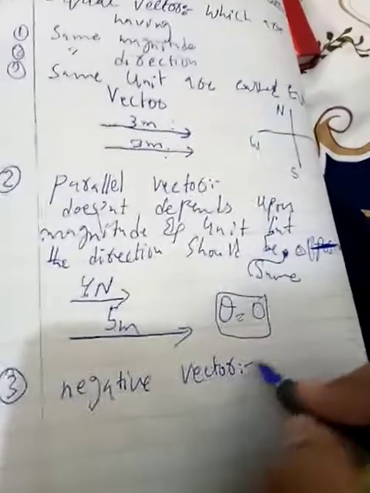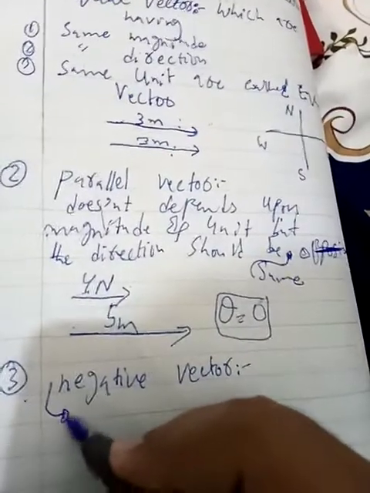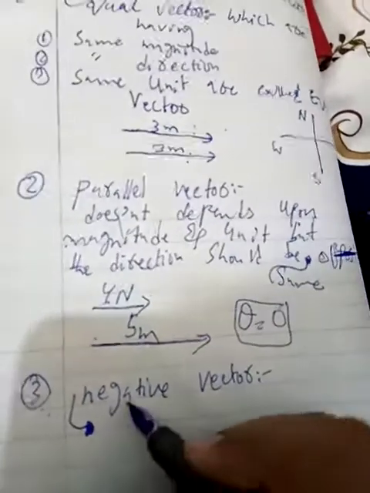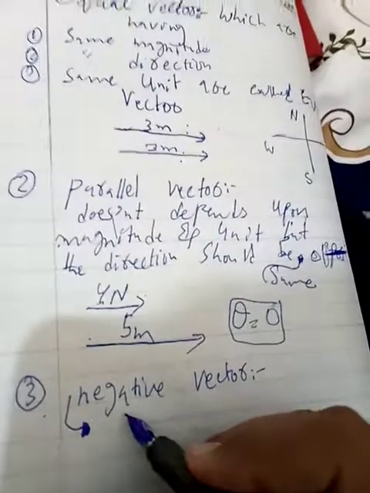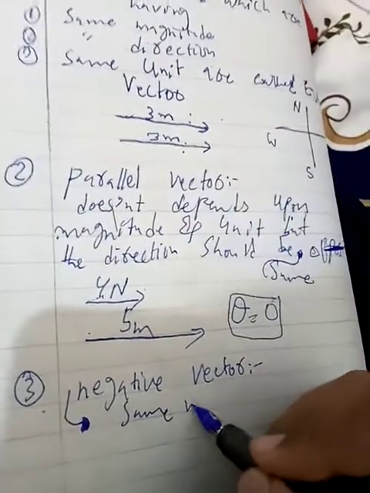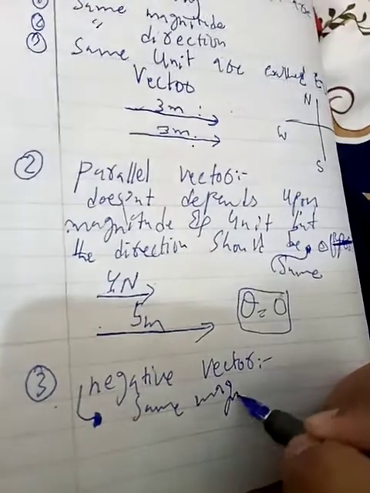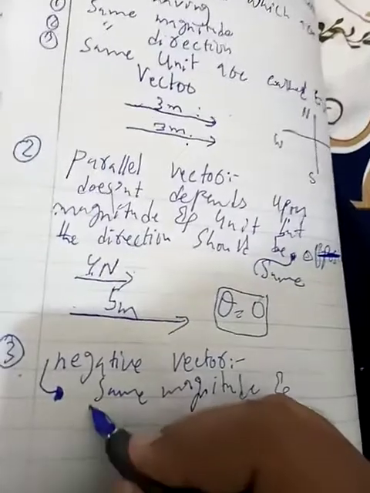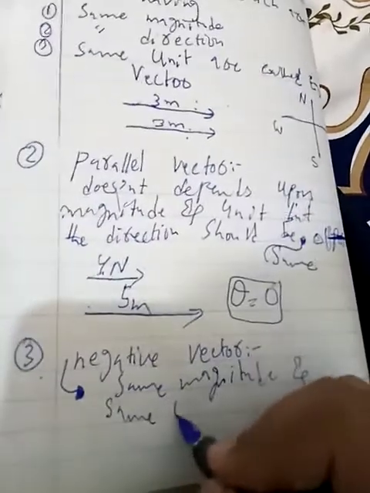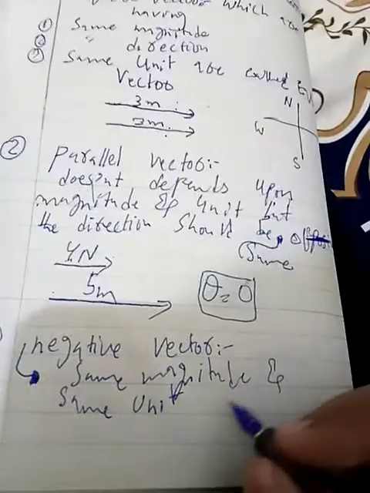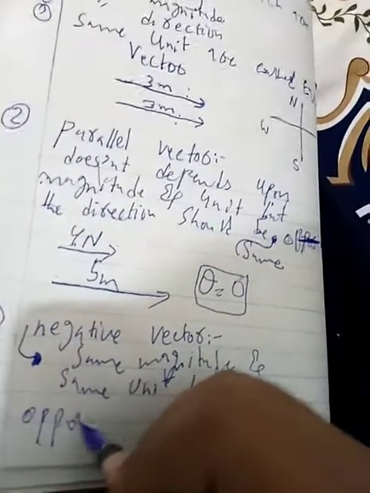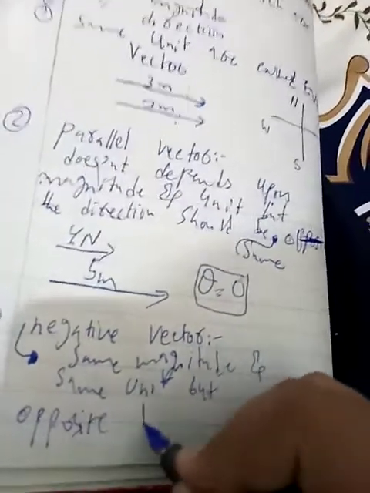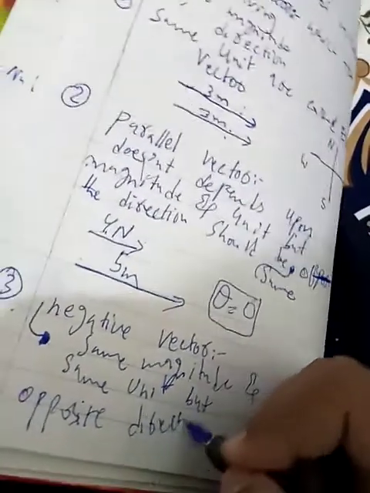A negative vector is defined as having the same magnitude and same unit, but opposite direction. The diagram of this vector is like this.